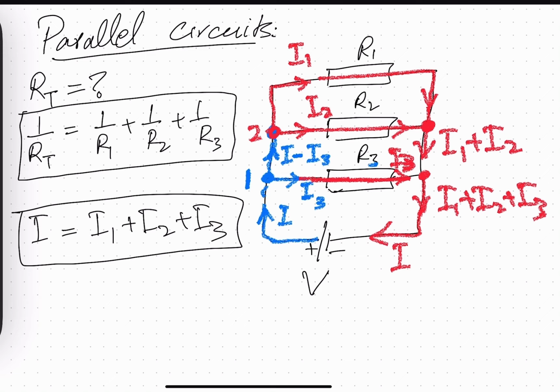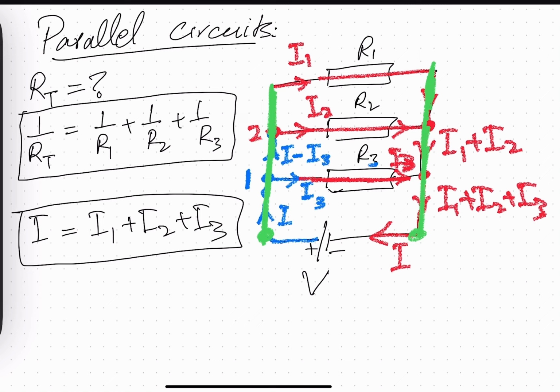Now let's talk about the voltage. The battery is attached with this terminal. If you see along this wire, there is only wire, there is no component between these points. All the components R1, R2 and R3 and the battery are attached with this.